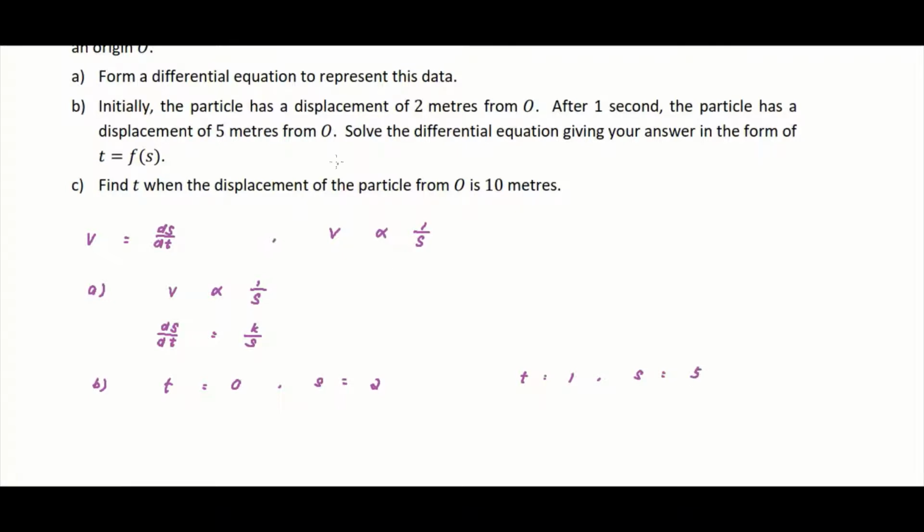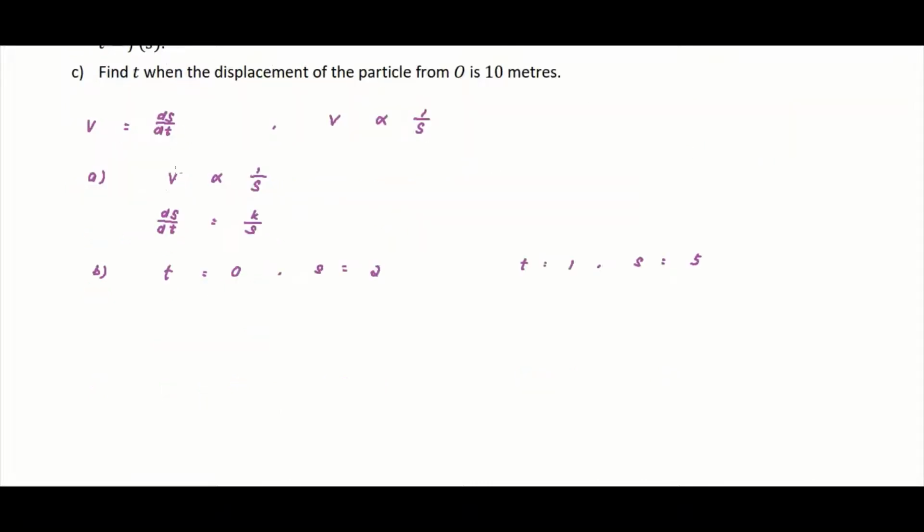So now the question asks us to solve the differential equation and give your answer in the form of t equals f of s. Okay, so let's use what we have. The differential equation is ds/dt equals k over s, right? So now we can start to do the integration.